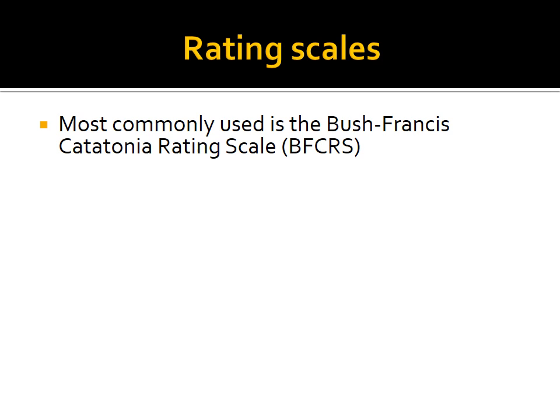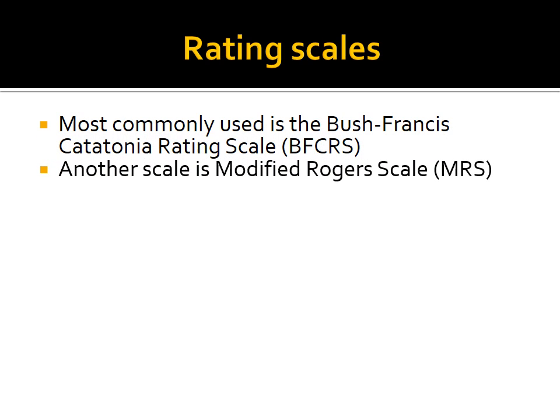And just as we use rating scales for disorders like depression or obsessive compulsive disorder, there are rating scales for catatonia also. The most commonly used is the Bush-Francis catatonia rating scale. Another scale that is used is the modified Rogers scale.